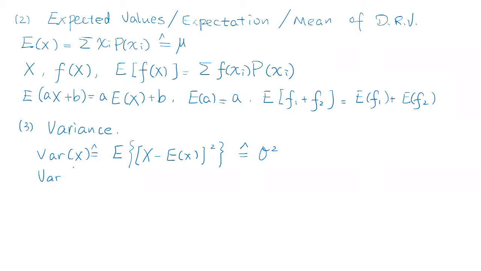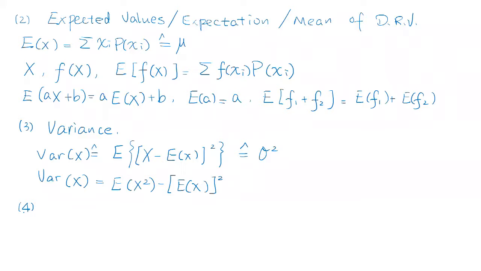Usually we use a derived formula to calculate variance, which is the expected value of x squared minus the expected value of x as a whole squared, right?